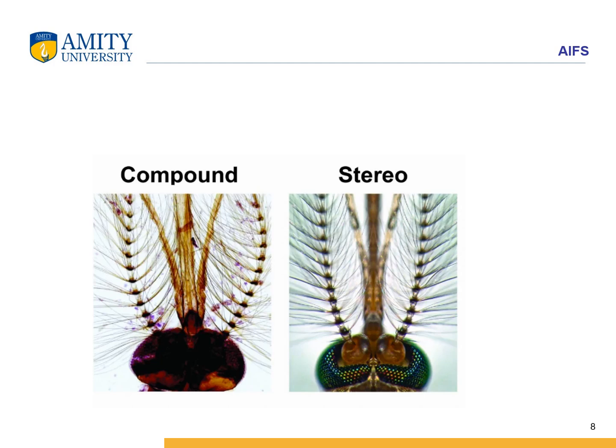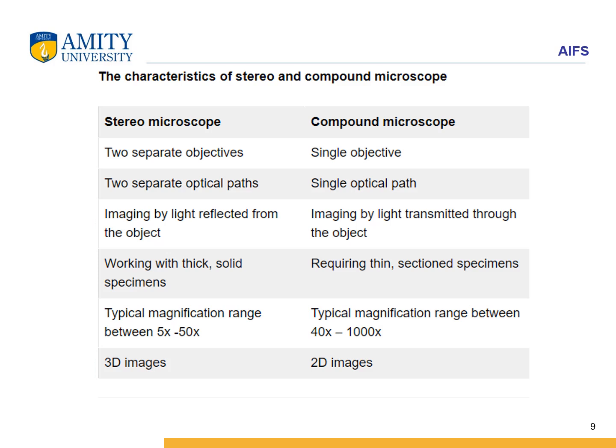So here are the characteristic differences between the stereo and compound microscope. The stereo microscope has two separate objectives, whereas the compound microscope has a single objective. The stereo microscope has two separate optical paths, whereas the compound microscope has only a single optical path.